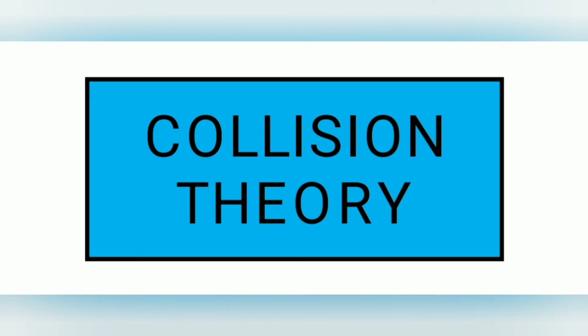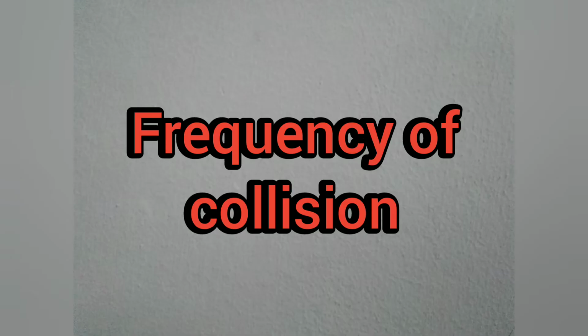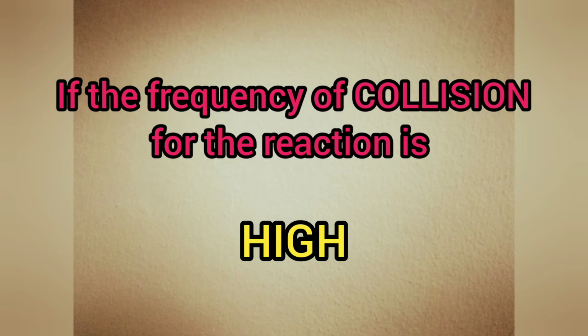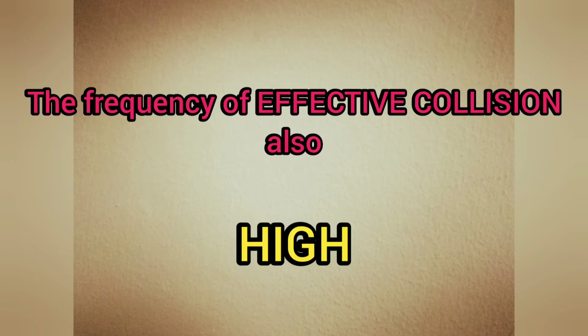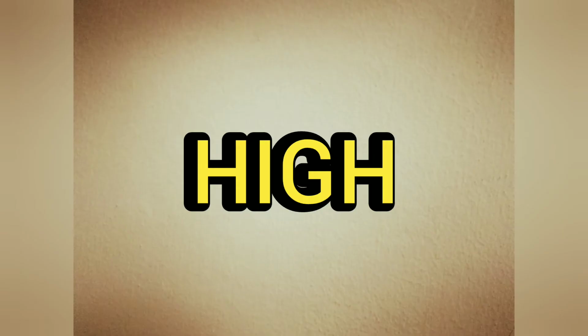According to the collision theory, the rate of a reaction is determined by the frequency of collision and magnitude of activation energy. If the frequency of collision for a reaction is high, then the frequency of effective collision is also high. So the rate of reaction is high and vice versa.